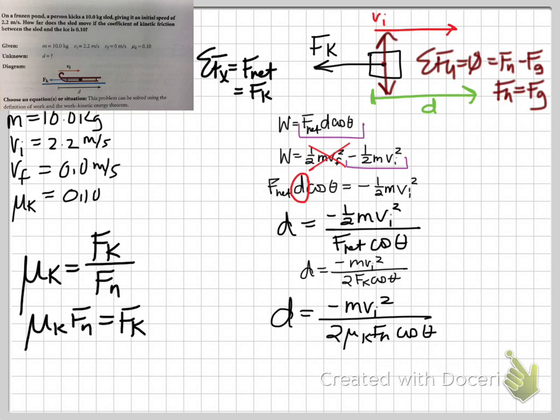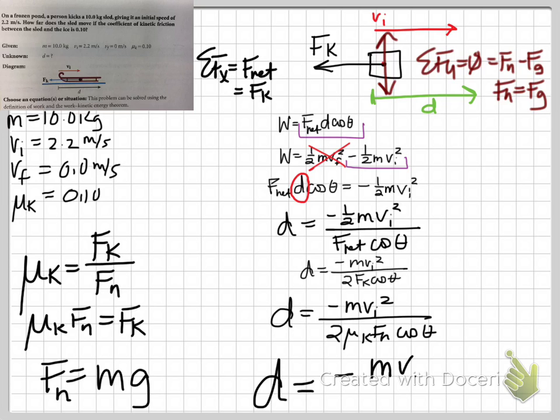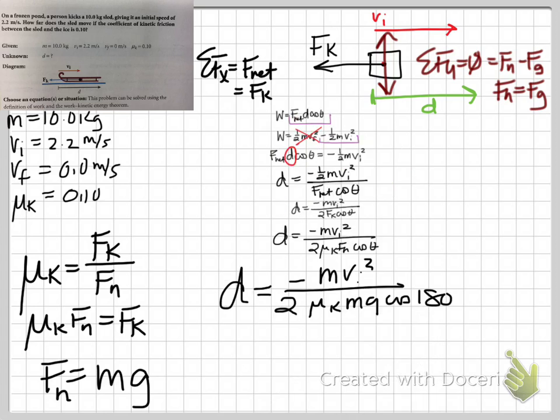What does Fn equal? Well, Fn equals mg. So d equals negative m Vi squared over 2 mu k m g cosine 180. And I went ahead and put the 180 in there. I could cancel out my masses, and I did that when I solved it. It just makes it a little cleaner, though it shouldn't change your answer, obviously.